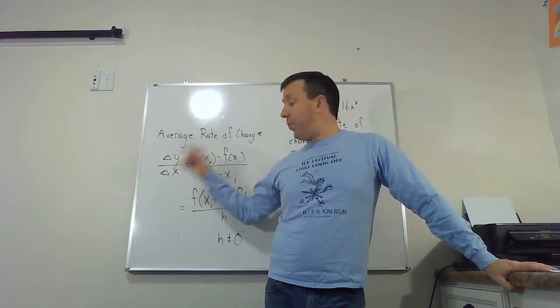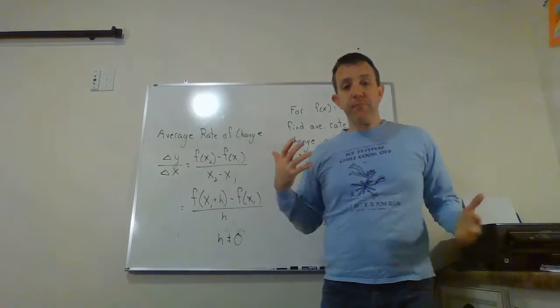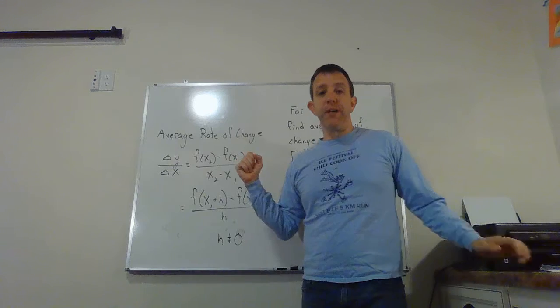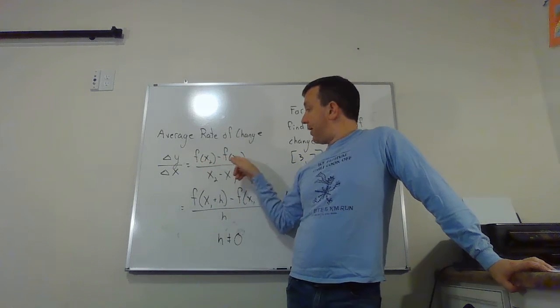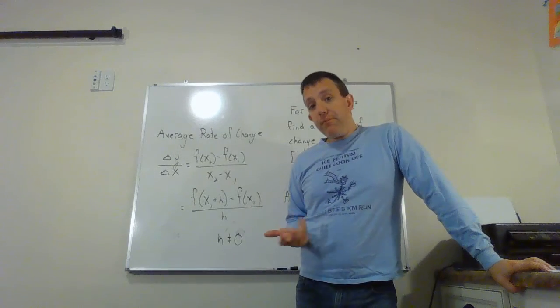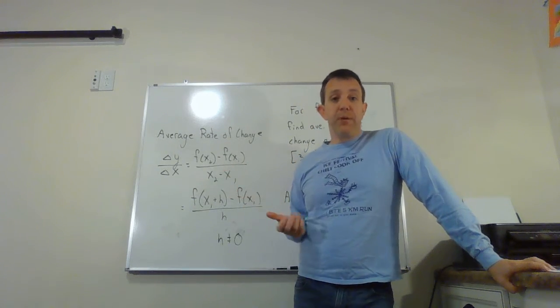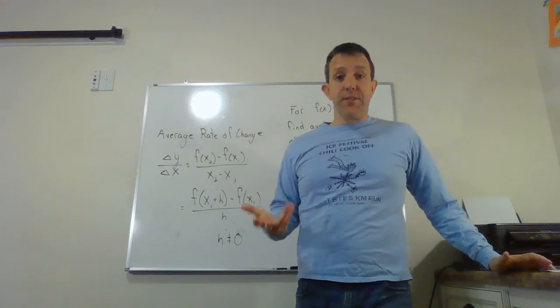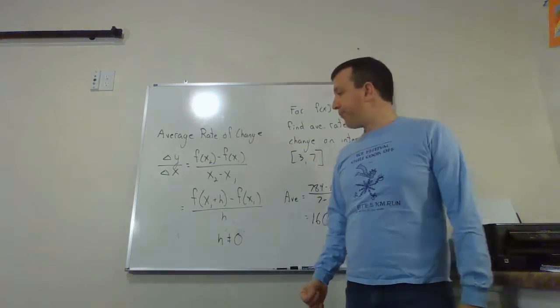So in this case, the change in y divided by the change in x. And so since y is equal to function values, we have f of x2 minus f of x1 all over x2 minus x1. You might remember that a little more commonly as y2 minus y1 over x2 minus x1, which is just the slope of that line between the 2 points.